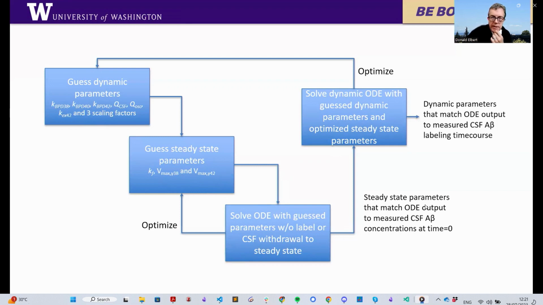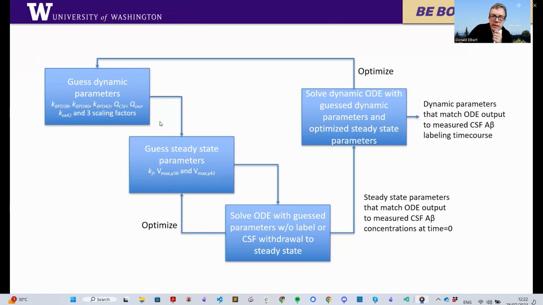Comparing the output of this at time equals 0, steady state, to measured values, I was able to determine these 3 parameters. And then the guesses of these parameters plus the determination of these 3 parameters, which of course depend on all of these parameters, was fed back into the dynamic system of ODEs, where label was introduced and CSF was being withdrawn every hour.